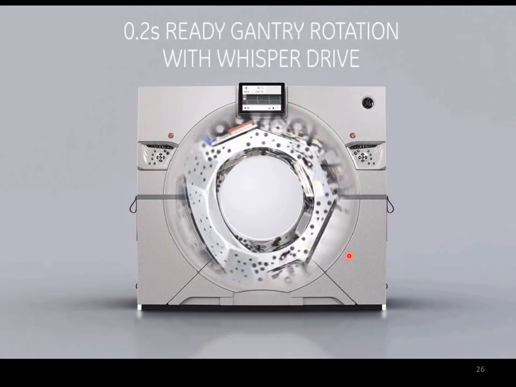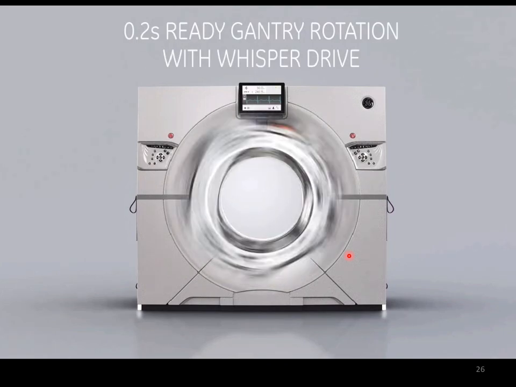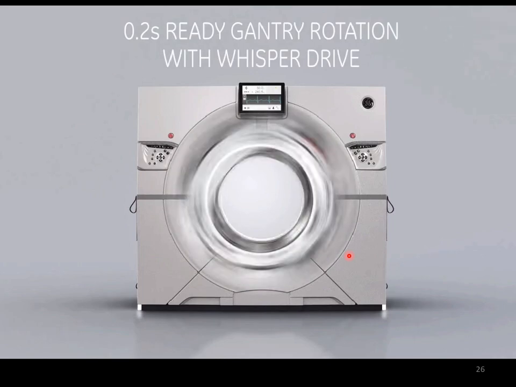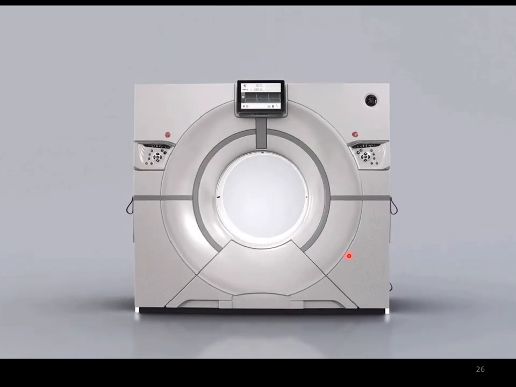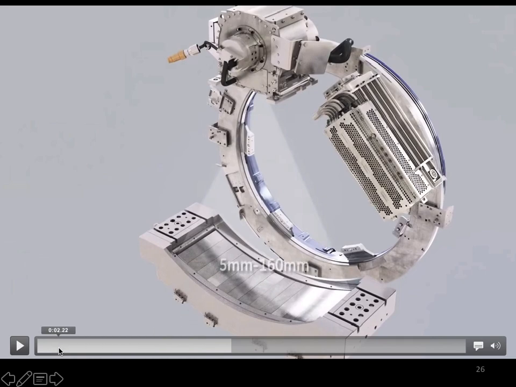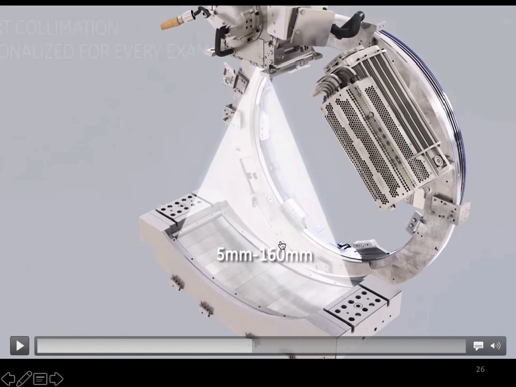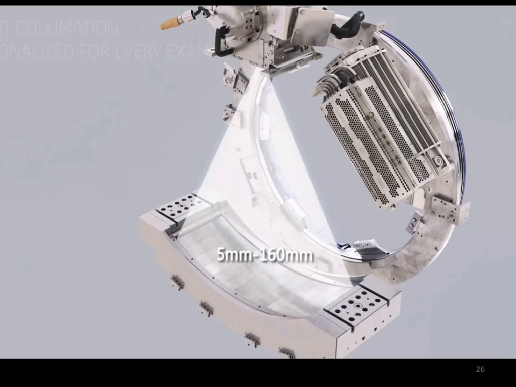So this is a moving picture of a modern GE CT scanner. The gantry itself rotates now at 280 milliseconds per 360 degrees. All of the mechanics is set to go for 200 milliseconds for 360 degrees. Let's pause this for a sec. Here we go. This at the top of the frame is the X-ray tube. It's producing X-rays continuously as the gantry is rotating around the patient to get views from different angles.